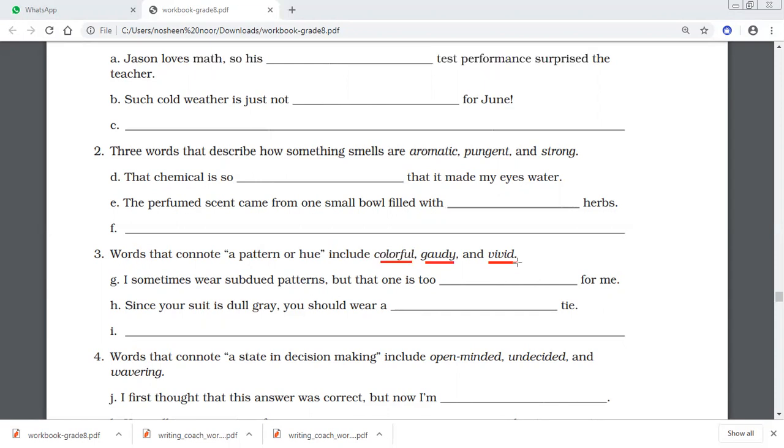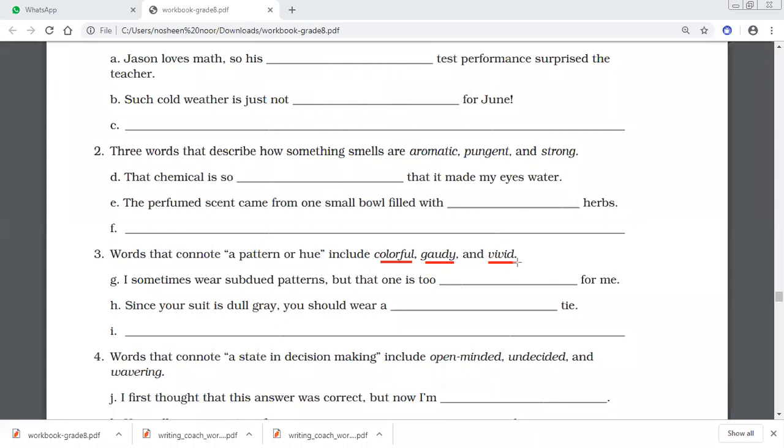Okay. So the words are colorful, gaudy, and vivid. I think colorful is not very difficult to understand. It is full of colors, full of life. And gaudy is something which is also colorful, but in a very showy way.